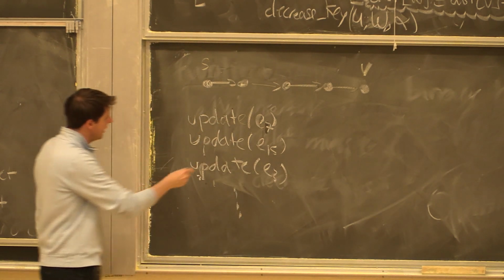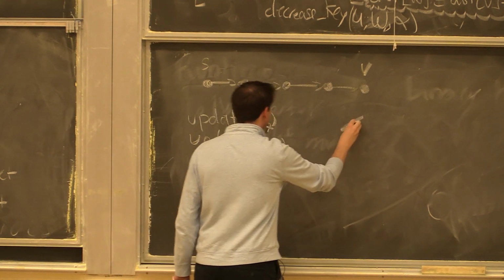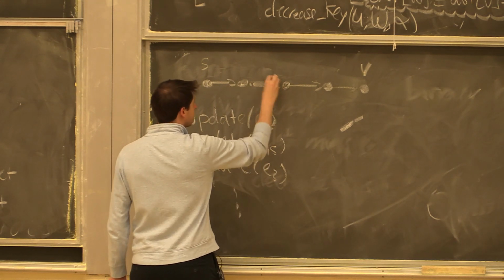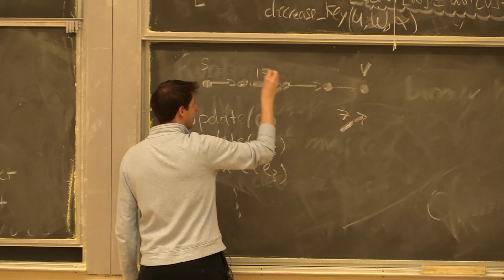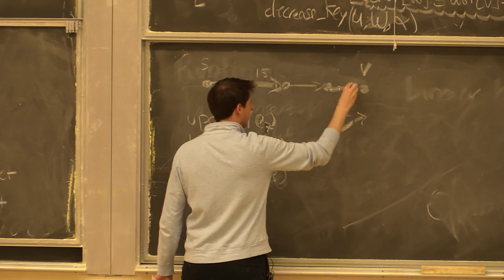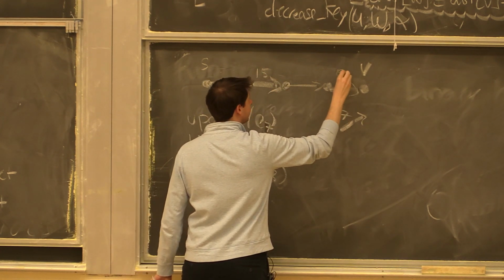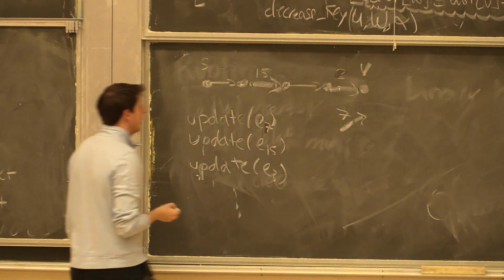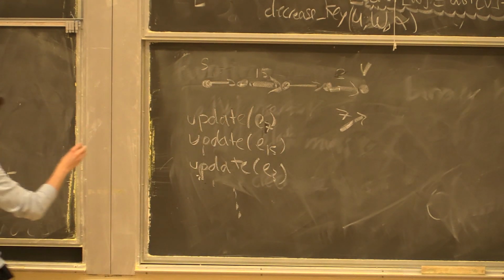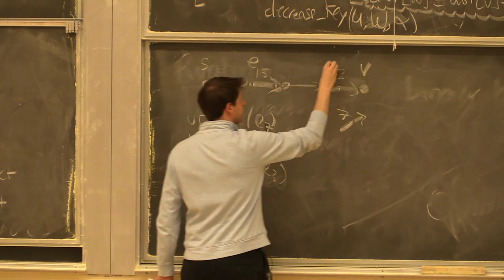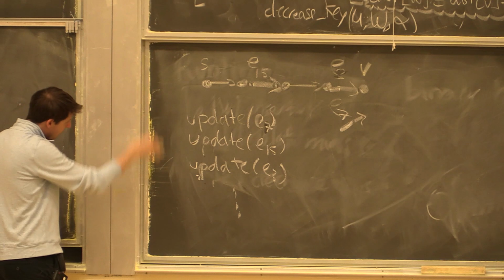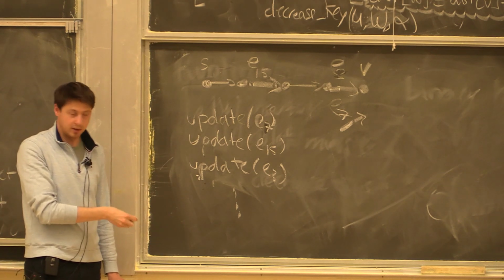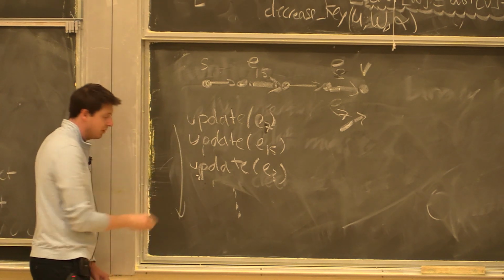And some of these edges, maybe edge 7 is here, edge 15 is here, somewhere else in the graph, then it ends up being edge 3. Not the lengths, the edges, okay? Now here's an observation. Now consider this sequence, okay? It's ordered. So this is a sequence of updates that I'm doing for whatever reason.